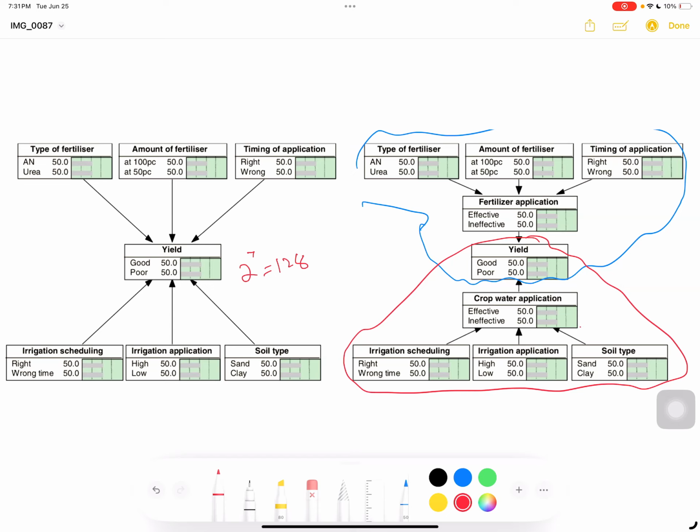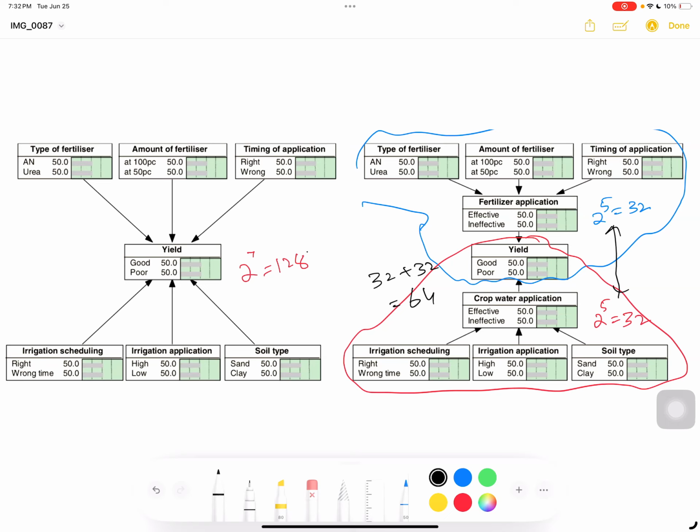For here, I will see how many states there are. 2 raised to power 5, since I have 5 variables, turns out to be 32. Again, for the blue section, I have 2 raised to power 5, which is 32. So if I add up these two, I get 32 plus 32, which is 64.